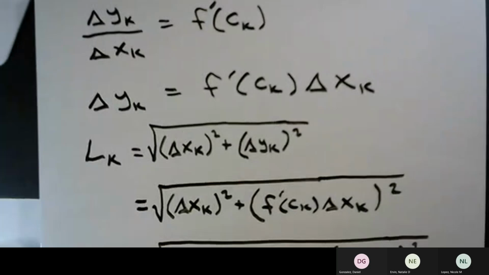The problem is f prime of x is not defined at x equals 0. So how do we use this in our formula if it doesn't have a value at x is 0?